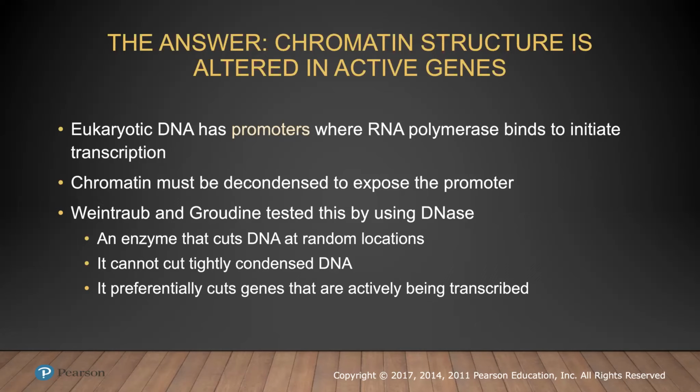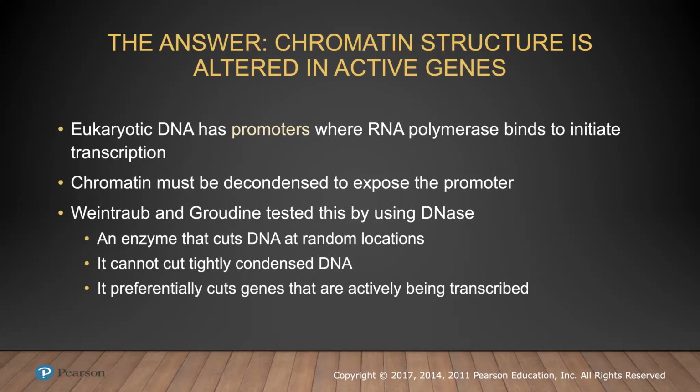In our previous chapter, when we were talking about transcription, we mentioned a promoter. DNA has promoters, which are regions along the nucleotide sequence where the RNA polymerase recognizes and binds to the DNA to start transcription. So how are we able to access those promoters when all of this chromatin is so tightly packed?